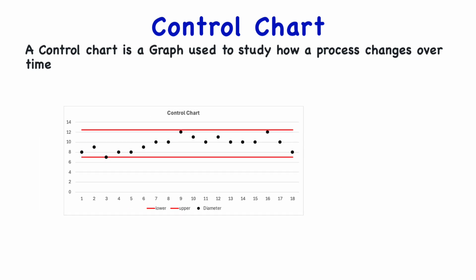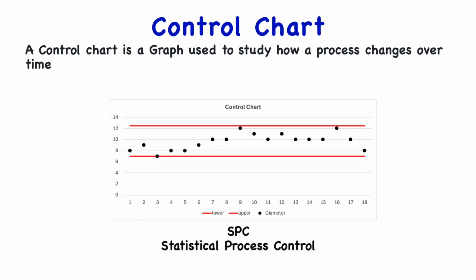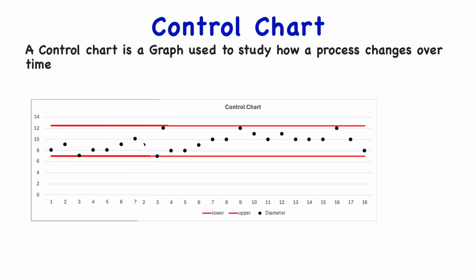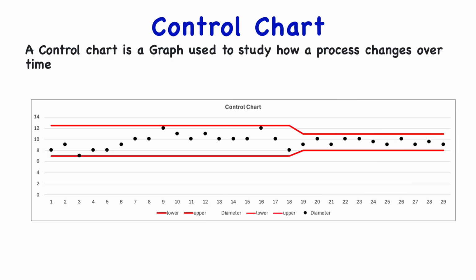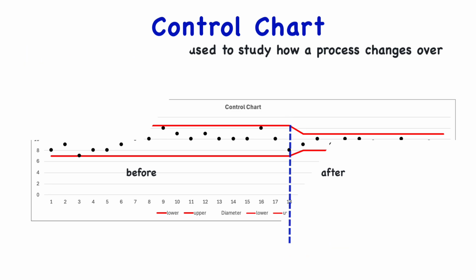Control charts are the basis of SPC, statistical process control, that is widely used in the manufacturing industry to ensure their processes are in control to prevent defects. Control charts can provide good evidence for when you implement process improvements. If you capture data before the changes and data after the changes, the control limits will normally shrink, reflecting that the variation in the process is reduced.